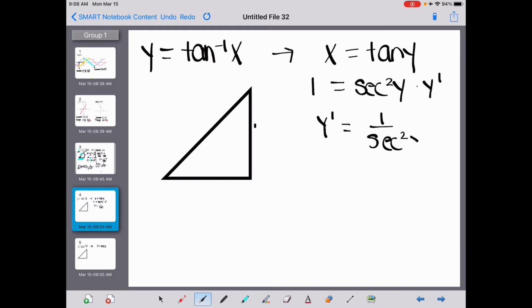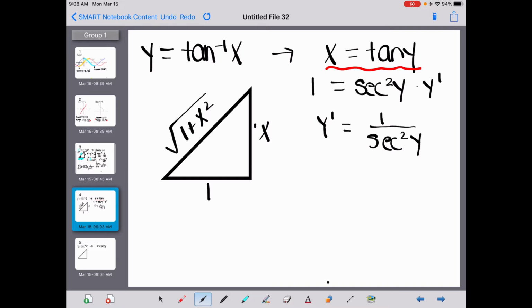secant squared y. Let's set up our triangle for our original x equals tangent of y. Tangent is opposite over adjacent, so we have x here, 1 over here. And then if we did Pythagorean theorem, we would get the square root of 1 plus x squared on our hypotenuse.